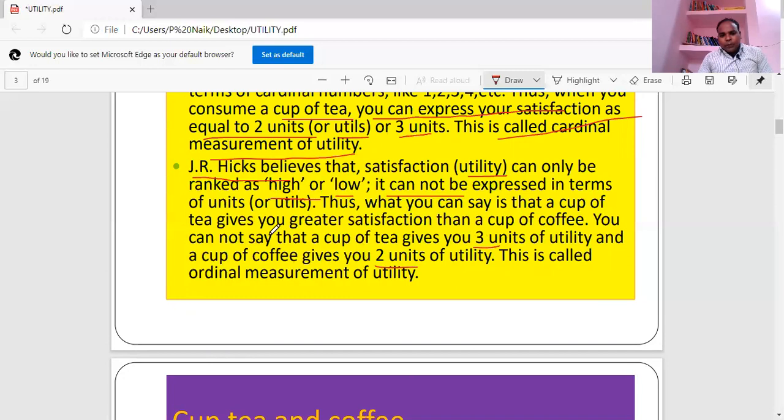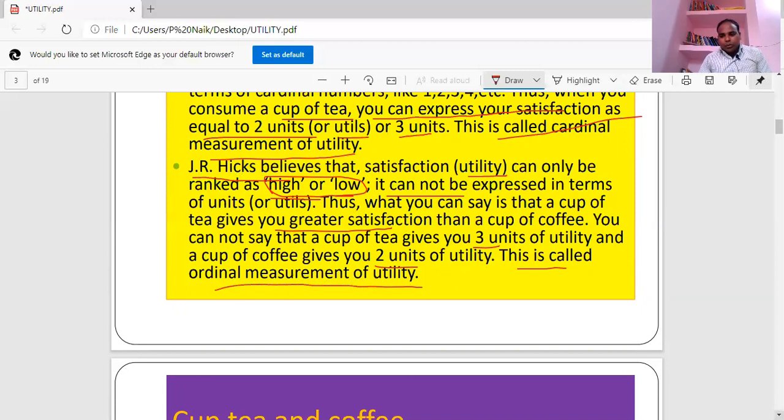You can only express high and low satisfaction. How much satisfaction you got, that you can imagine, and you can say that it is high or low according to Hicks. This is called the ordinal measurement of utility.